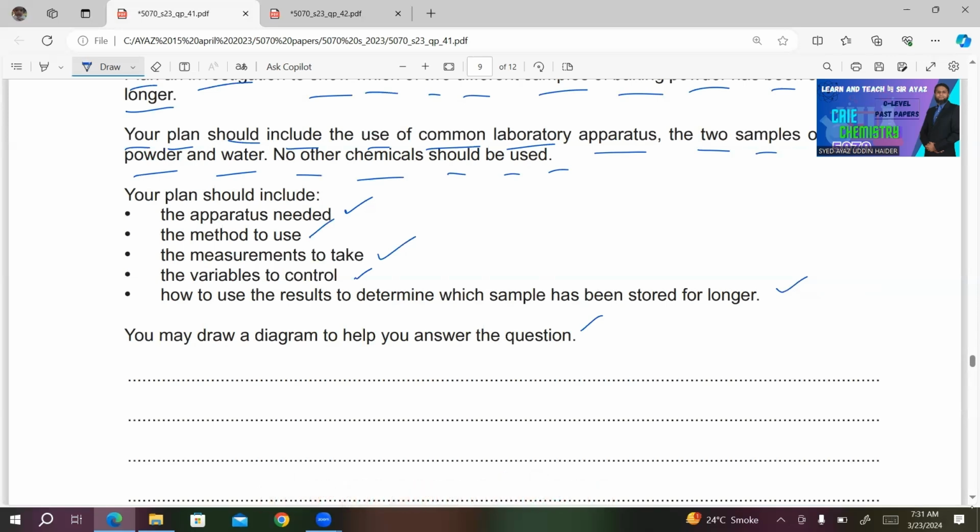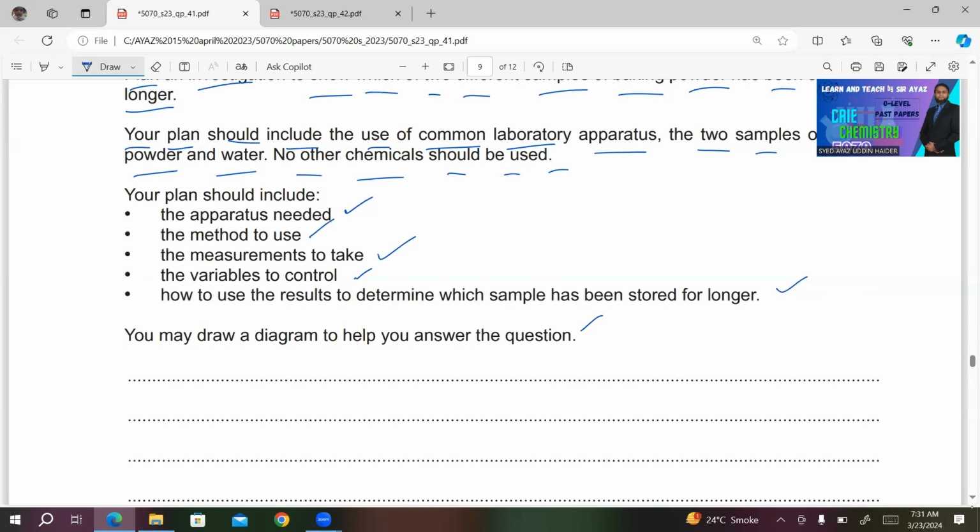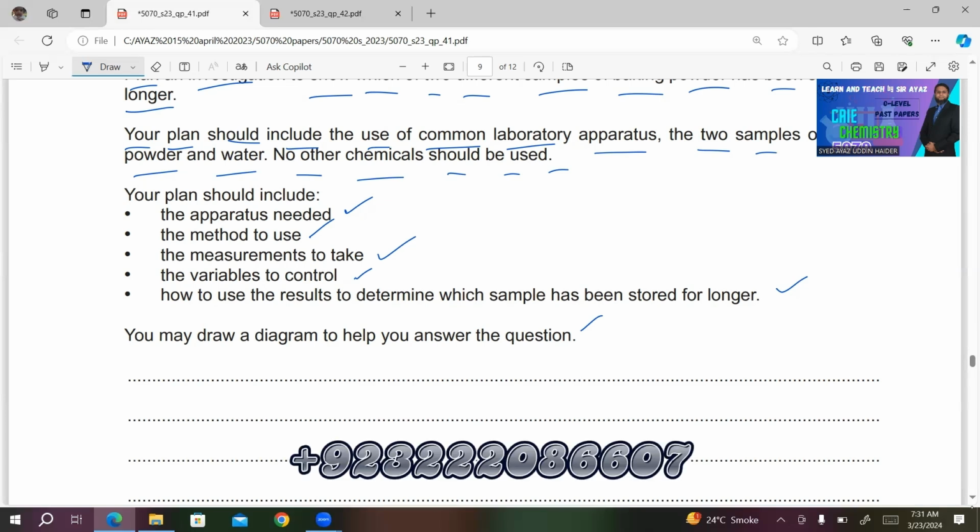For method and measurement, you can write one of these statements, like you are measuring the mass or amount of the sample, then you are adding water, then you are measuring the volume of gas produced, or measuring the time to turn lime water milky, because lime water test is used to check the presence of carbon dioxide gas.